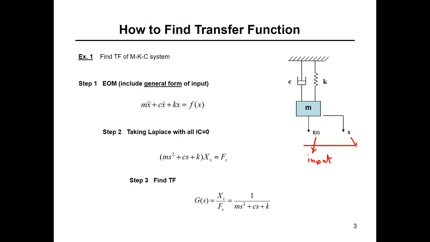And the output, x of... We always have this kind of error. It's a software error, always happening with everybody doing PowerPoint. So let me go back to the pen.